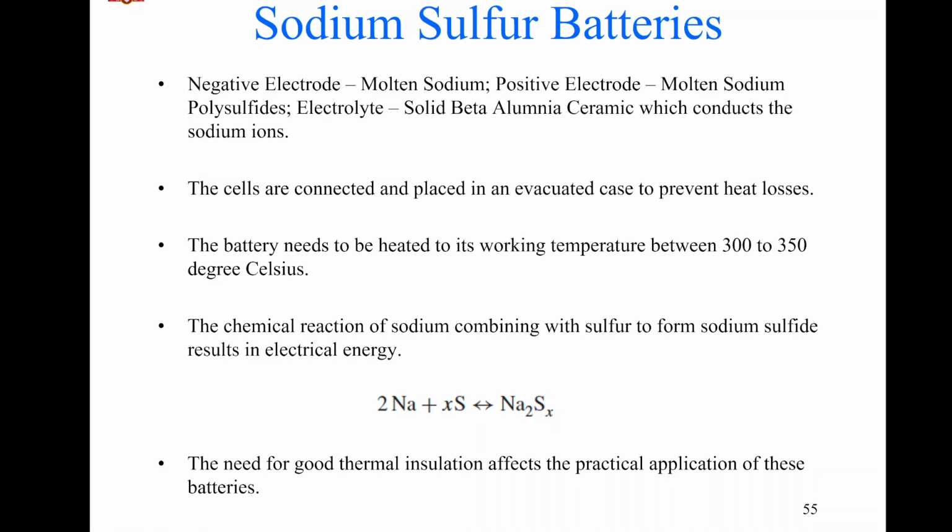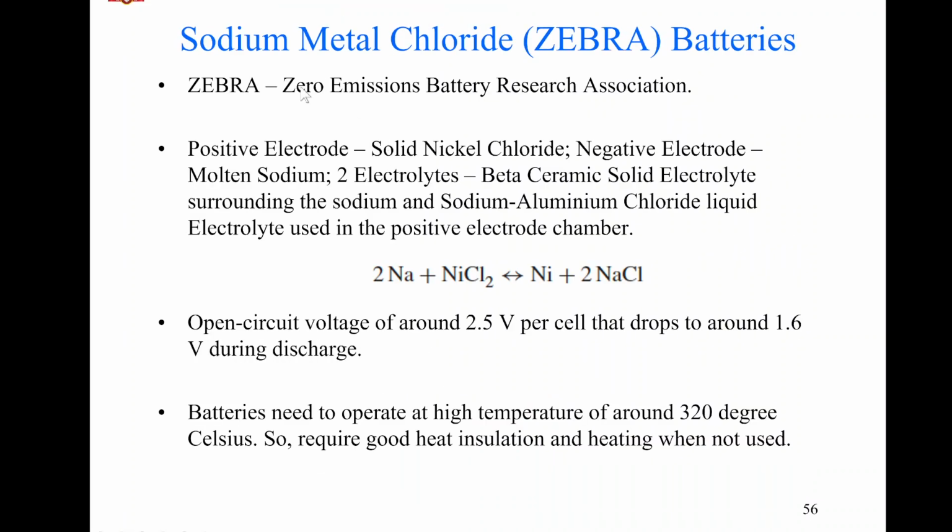You can consider electric vehicles: if you want to have these kinds of batteries, which require thermal insulation to a large extent, we also need a heating source because we have to heat it to around 300 to 350 degrees Celsius. This increases the weight, and the battery itself would require some energy to start working, which may not be feasible for practical applications.